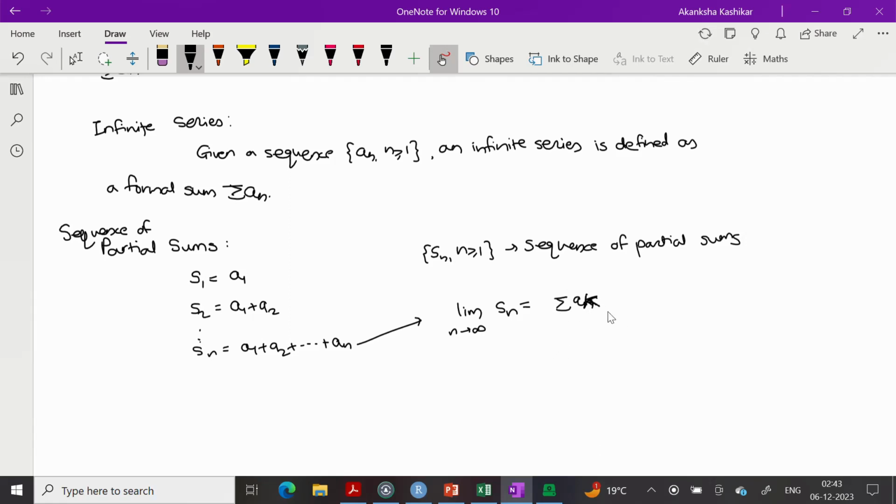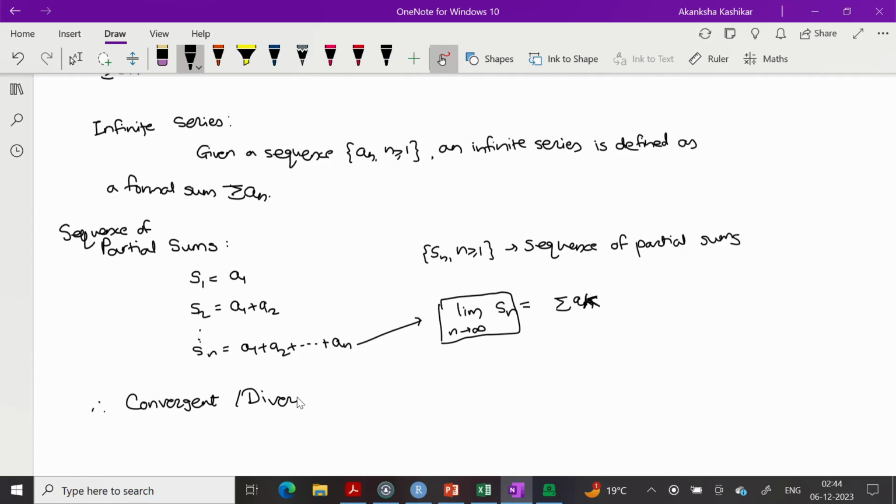Hence, the sum of the convergent series will basically be the limit of the sequence of partial sums. Therefore, how do we define a convergent or a divergent series?